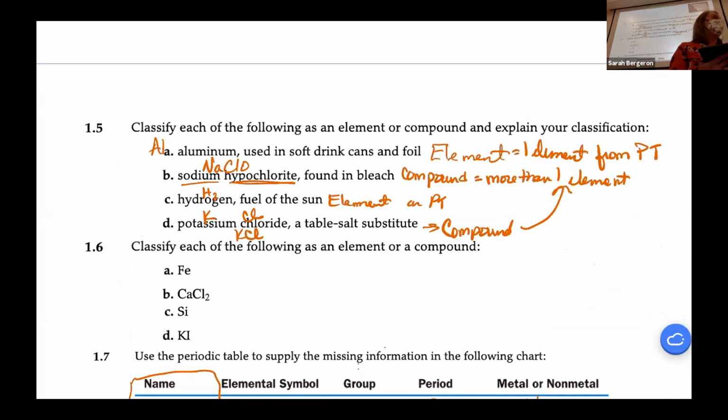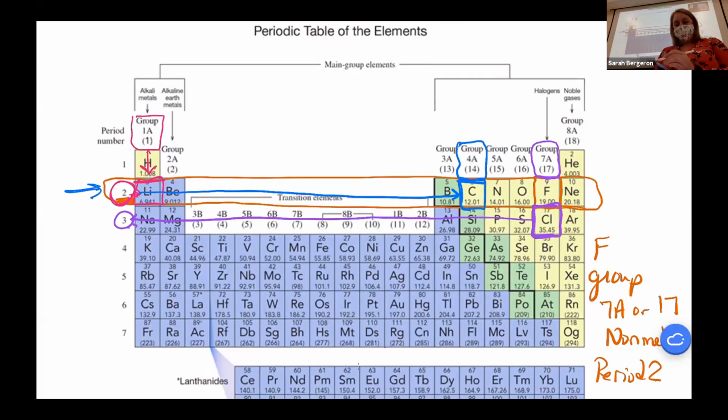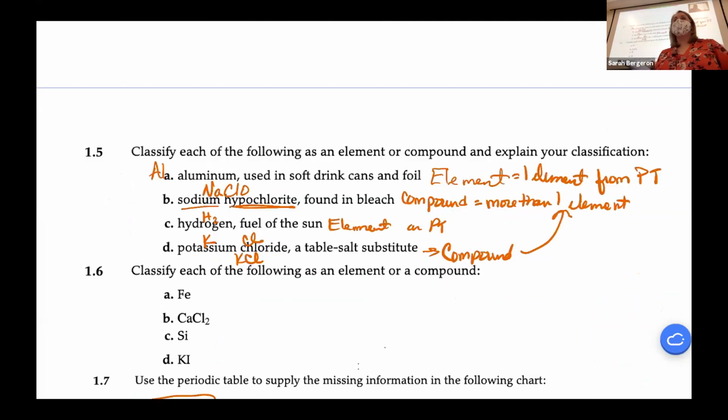Aluminum. Where do we find aluminum? We mentioned aluminum today. If I came up here, where's aluminum? Right here. So is aluminum an element or compound? Element, because we found it on the periodic table. Sodium hypochlorite.